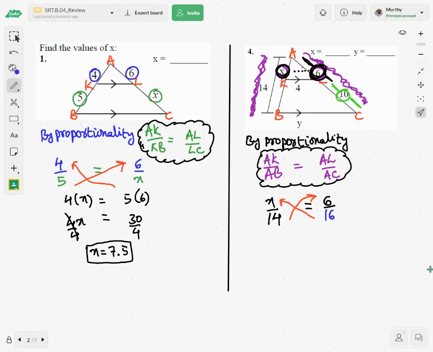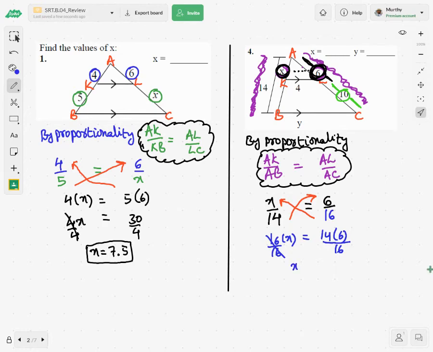Then I get 16 times x equals 14 times 6. To eliminate 16, we divide by 16 on both sides. You may grab a calculator. I'm taking my TI-84 calculator and computing 14 times 6 divided by 16 equals 5.25.